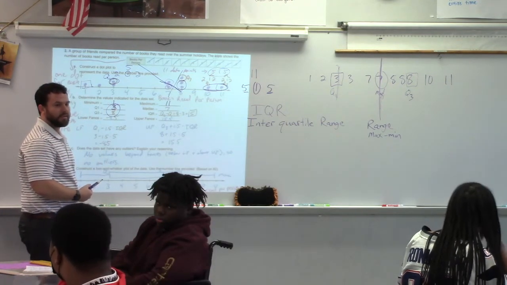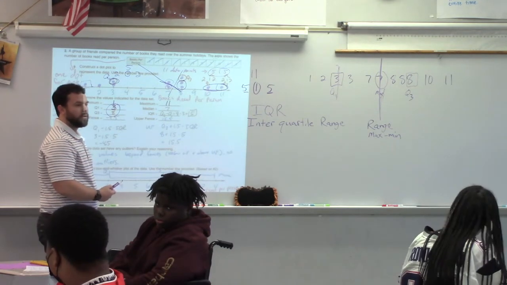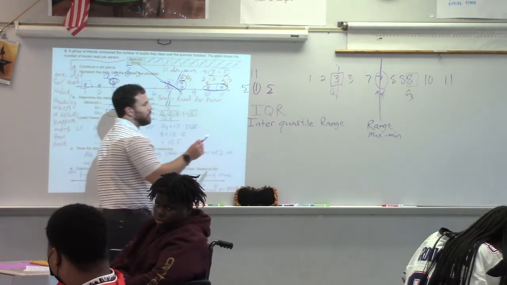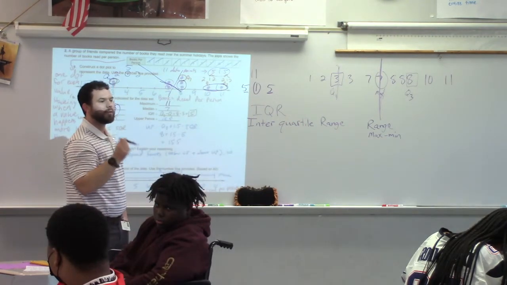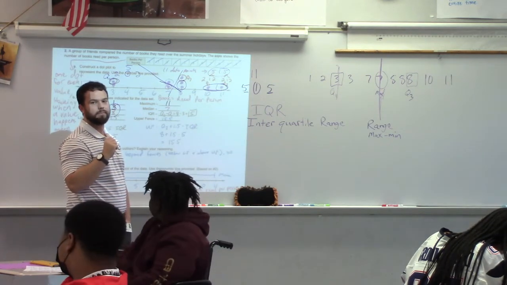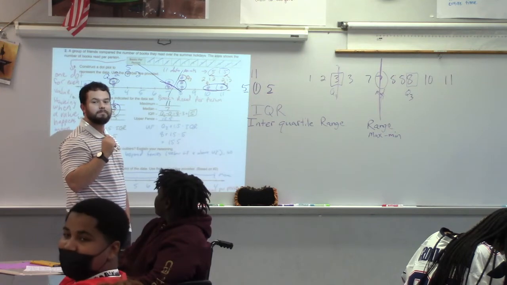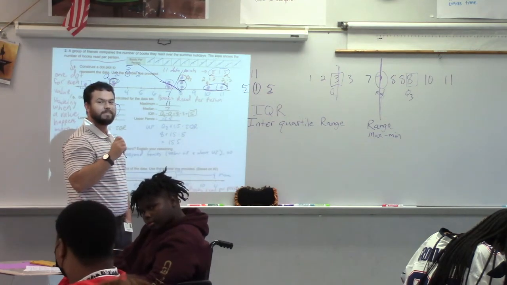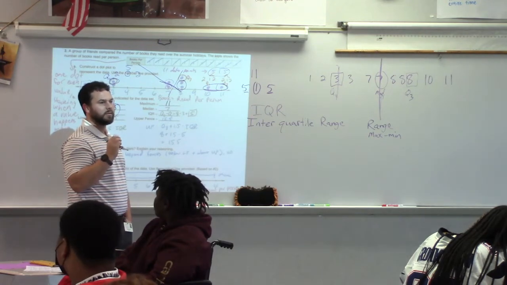It's a distance. Okay? So, in a similar way to max minus min, when it's interquartile range, what is the maximum quartile? What do y'all think? Would Q3 be the maximum quartile?